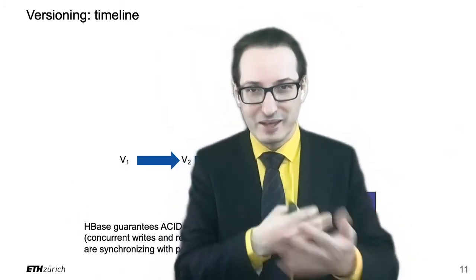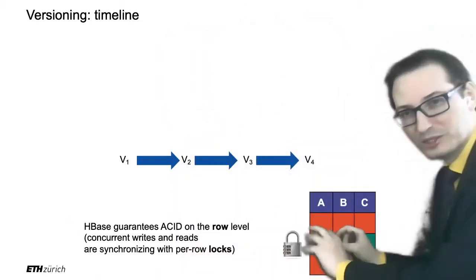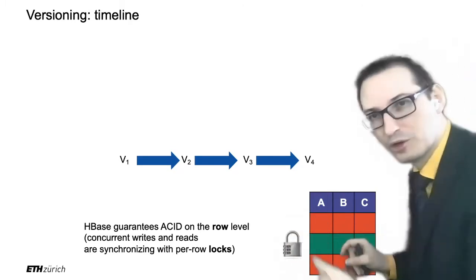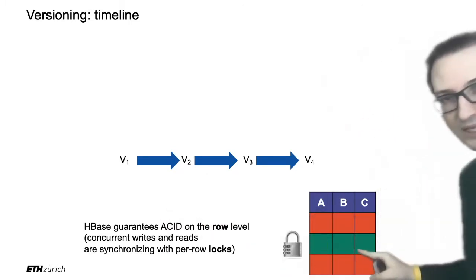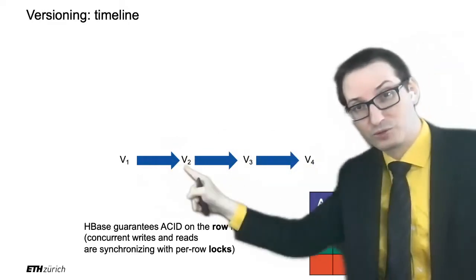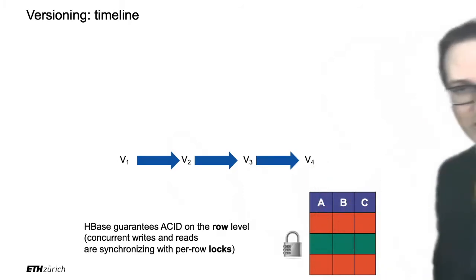Because then you cannot have Alice and Bob modifying the same row at the same time. So you take a lock, that's what it's called in computer science. You take a lock on the row, then you modify it, you create the new versions for the cells, and then you remove the lock, and then somebody else can modify that row. This is how you get these linear versions: version 1, version 2, version 3, maybe it was Alice, then maybe it was Bob, and so on. All right, so per row.